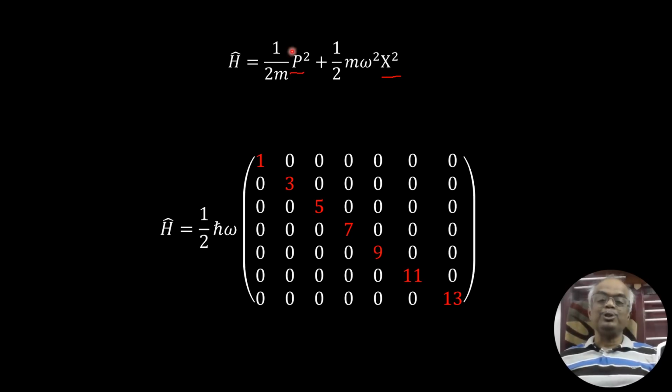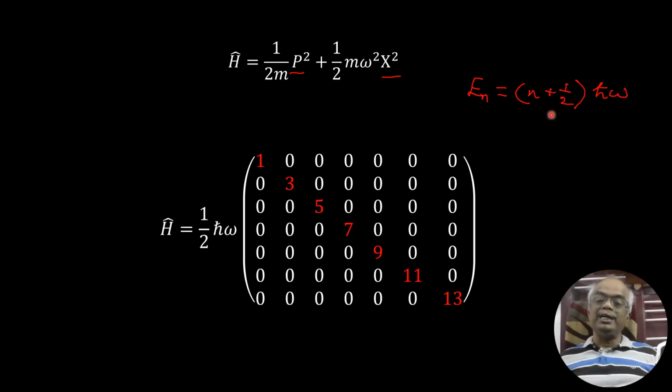Add both, and you will get half H cross omega times a matrix with only diagonal elements non-zero. All other elements are 0. The main diagonal elements are 1, 3, 5, 7, 9, 11, 13. You remember that the nth state energy for the harmonic oscillator is n plus half times H cross omega.